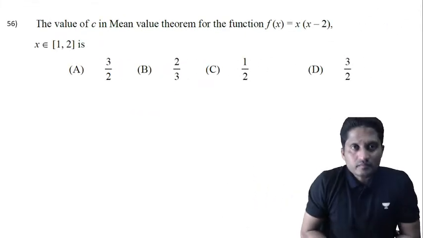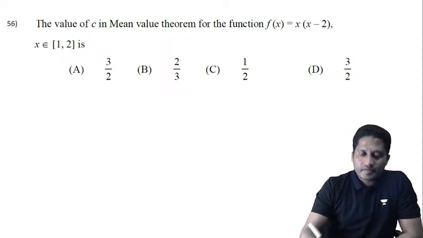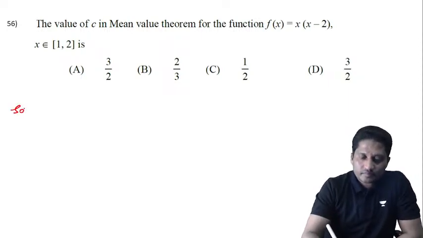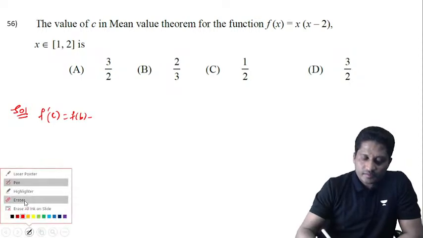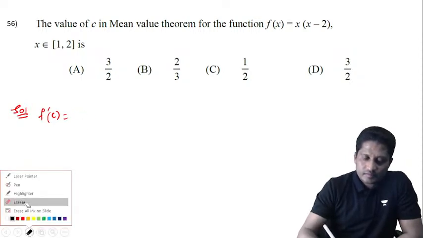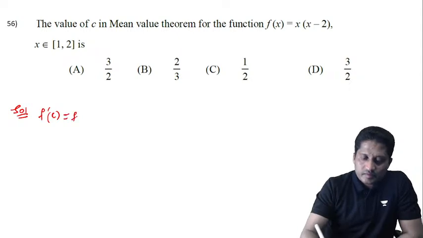Question number 56. The value of c for which mean value theorem is applicable. MVT is f dash of c is equal to f of b minus f of a divided by b minus a.